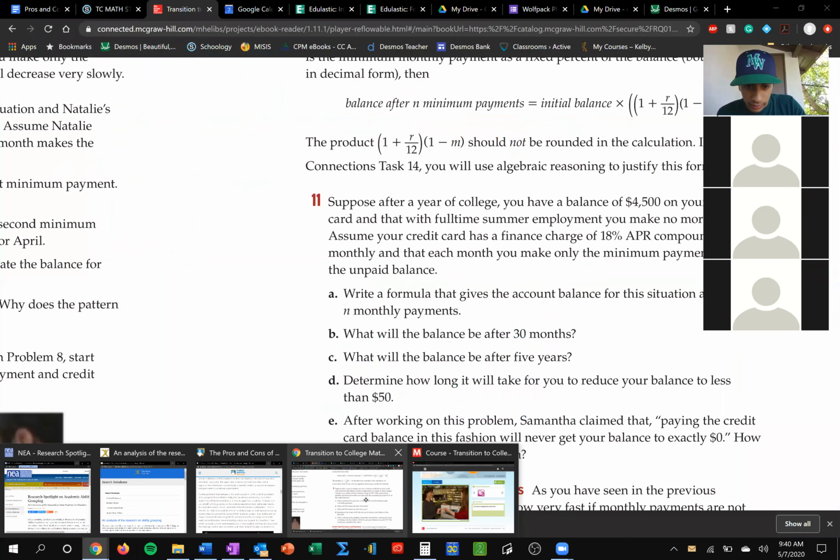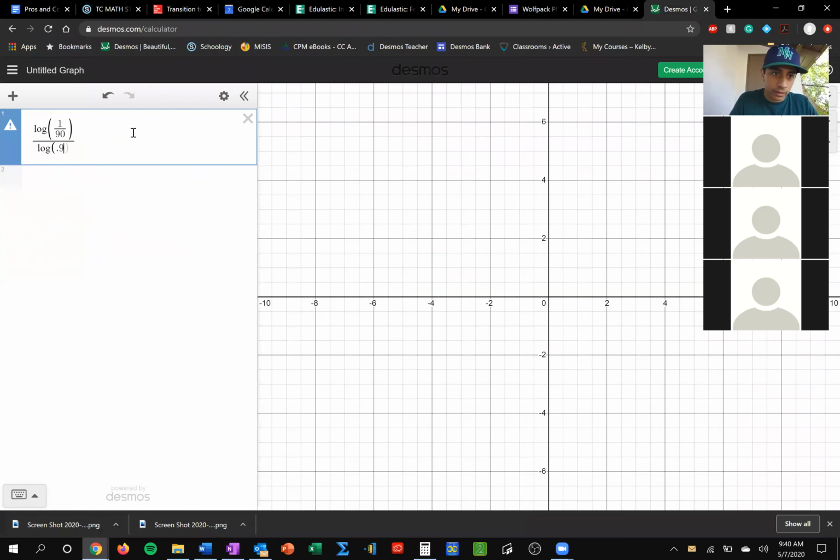So let's find it. Log of 1 over 90, divided by the log of 0.98455. And that shows us right there that n is 288, basically 289 months.